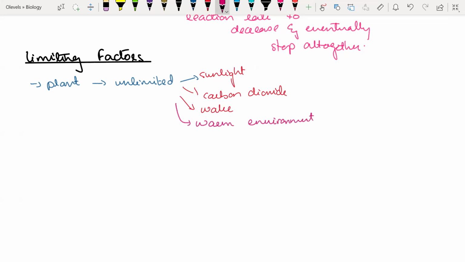So all these factors are very favorable for photosynthesis. So this plant will be able to photosynthesize at its maximum rate.